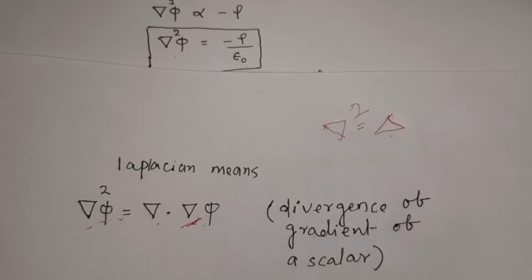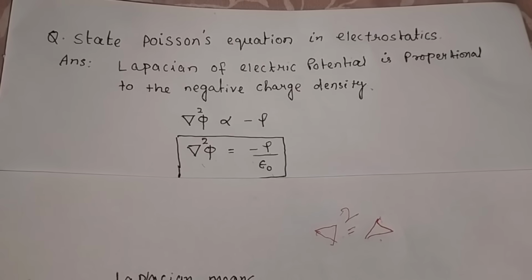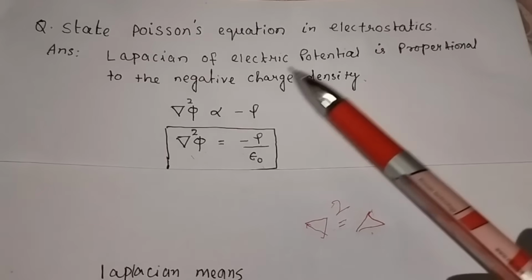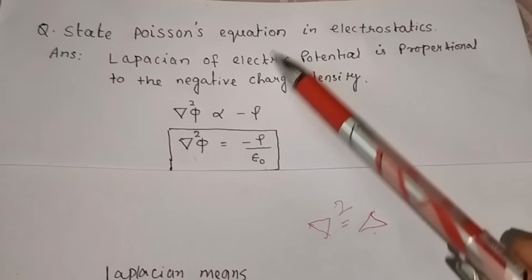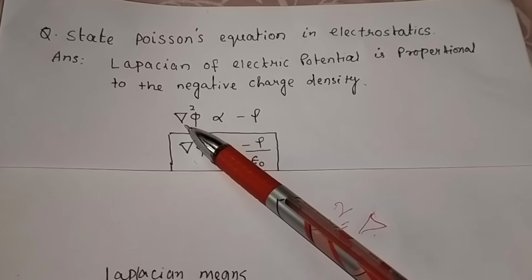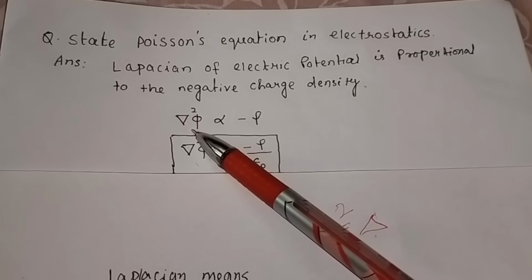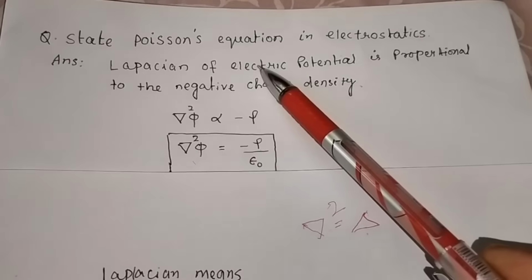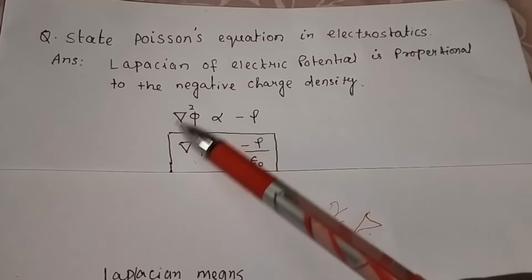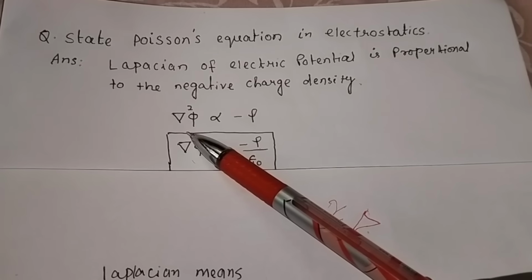And from which source are you getting this Poisson's equation? From Gauss law, from the differential form of Gauss law. From the differential form of Gauss law, you will derive Poisson's equation, which I will explain in the next video.